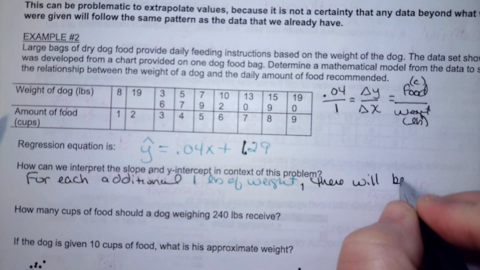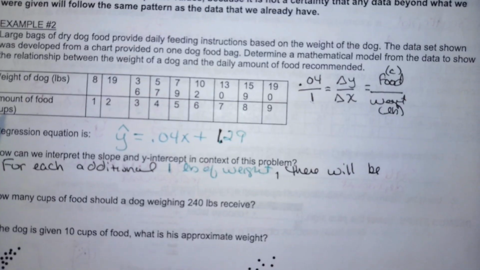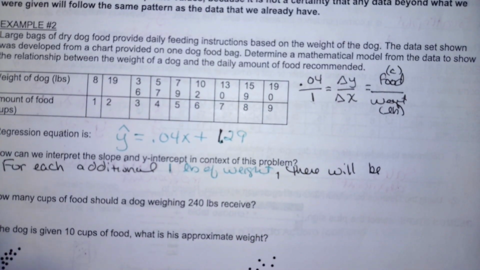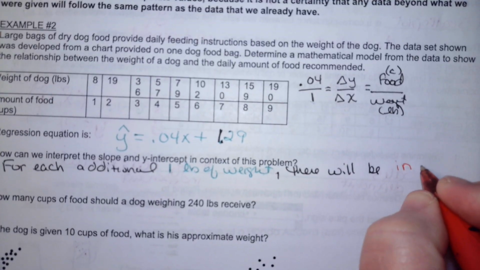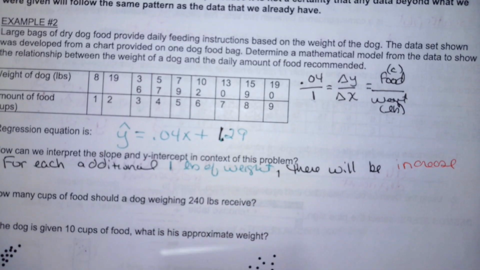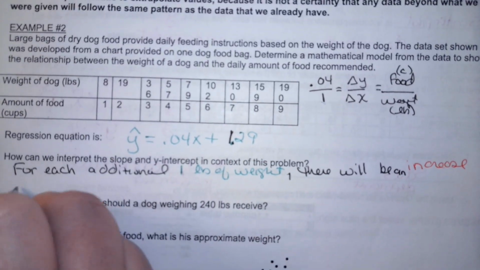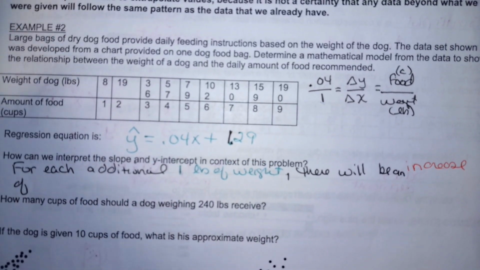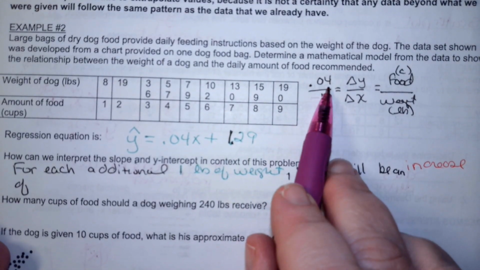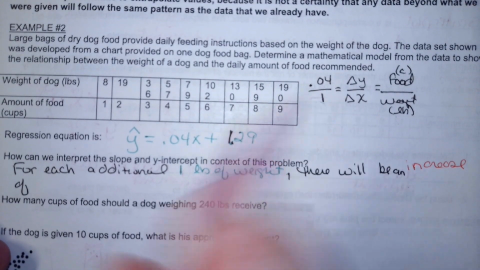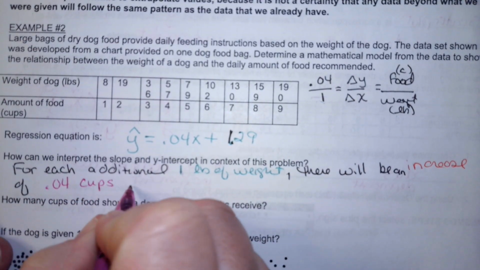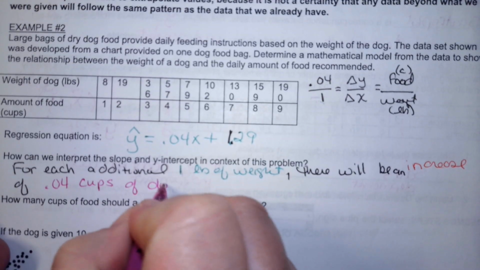There will be, all right, so we either have to put an increase or decrease. Since the slope is positive, is it increasing or decreasing? Increasing. So there will be an increase of, and this is where we put our y, your numerical portion of the y, so 0.04 cups of dog food.